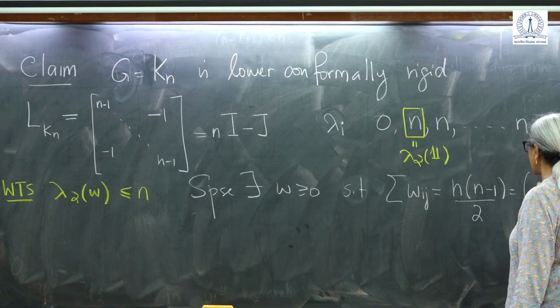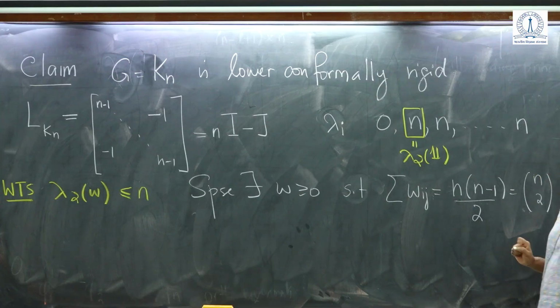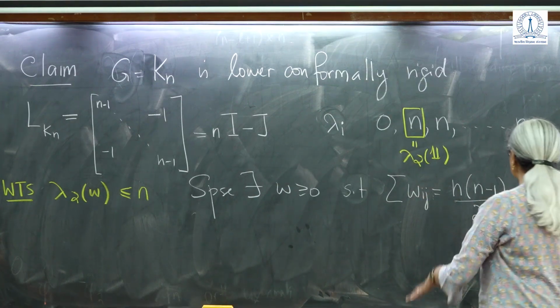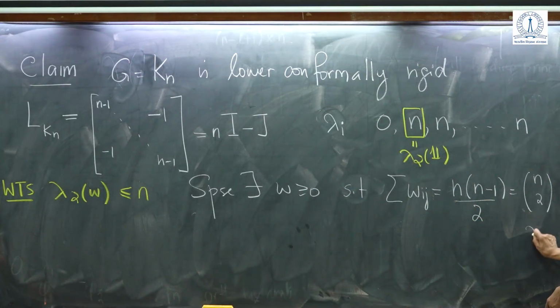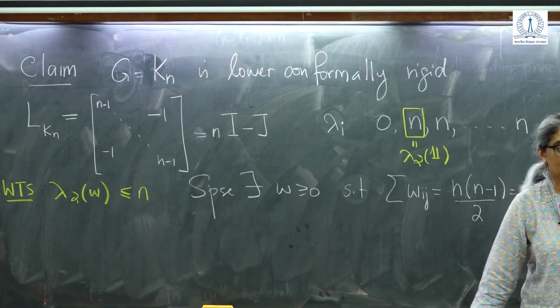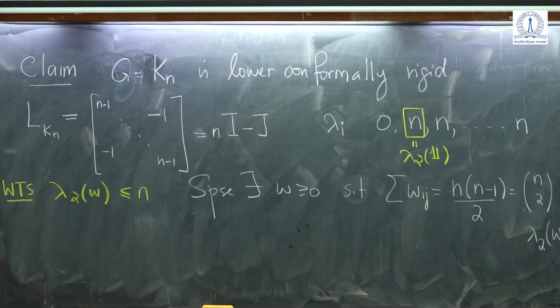This is the same thing as n choose 2. So all possible edges are there. So the normalization on the weight is that. So suppose there exists a W like this, such that lambda 2 of W is bigger than n. Suppose this happens, okay? So let's derive a contradiction if this happens.